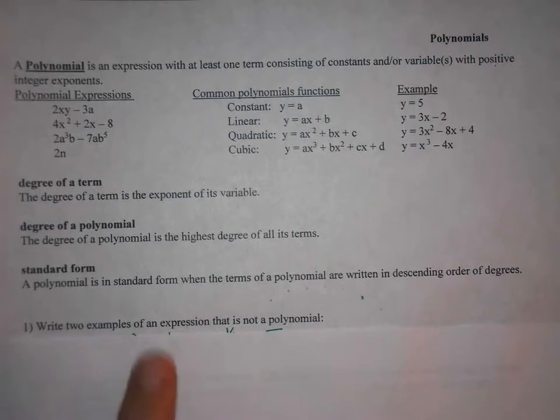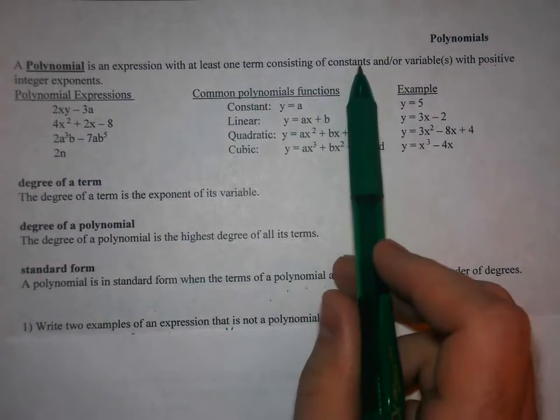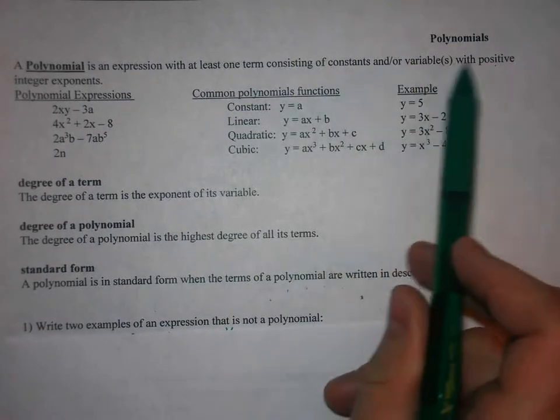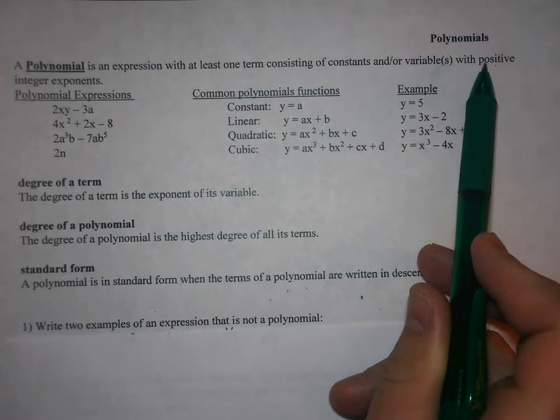Write two examples of an expression that is not a polynomial. A polynomial has constants and variables with positive integer exponents. So something that's not a polynomial would be something that does not have positive integer exponents.